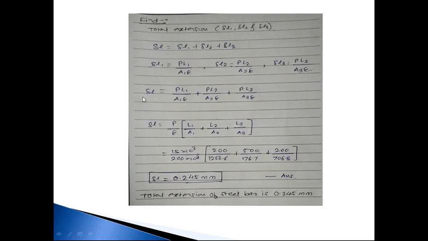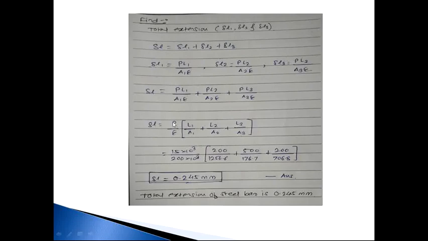So the final equation for delta L is PL1 upon A1E plus PL2 upon A2E plus PL3 upon A3E. Here P upon E is a constant term, so take P upon E outside of the bracket, and in the bracket L1 upon A1 plus L2 upon A2 plus L3 upon A3.